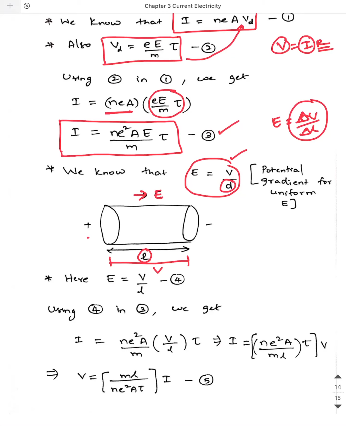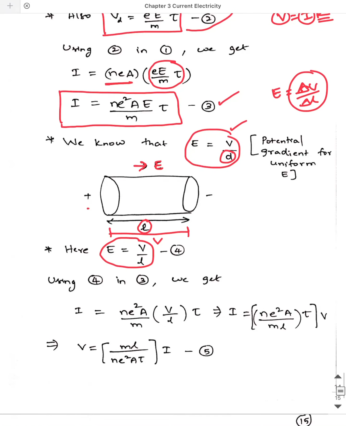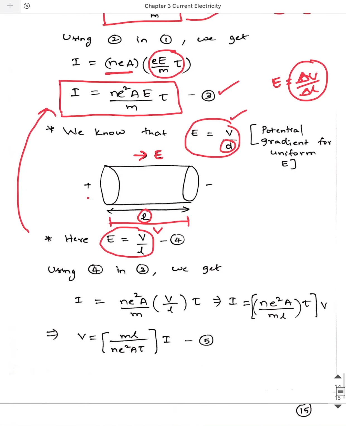Since we need an expression for potential difference, we will take this fourth equation and substitute it in the third equation. The fourth substituted in the third gives us I is equal to ne square A divided by m into, in the place of E, we write V by L, into tau.